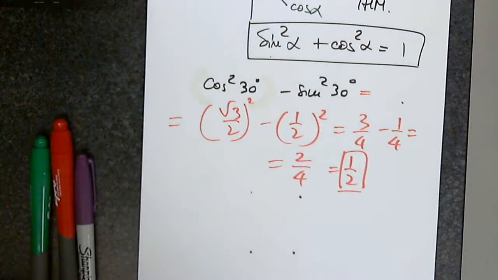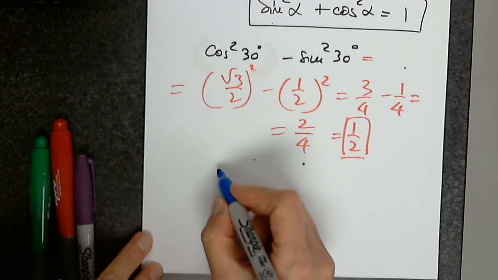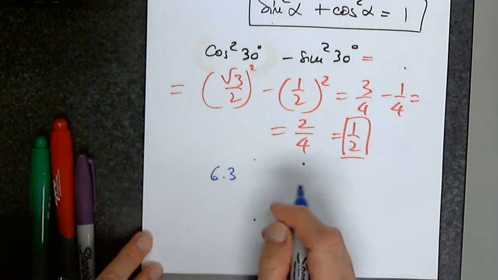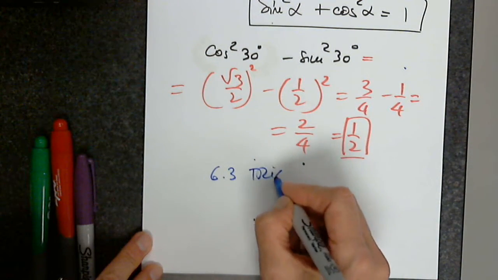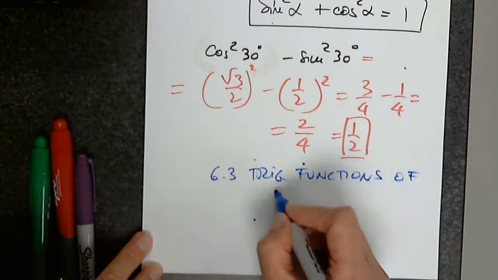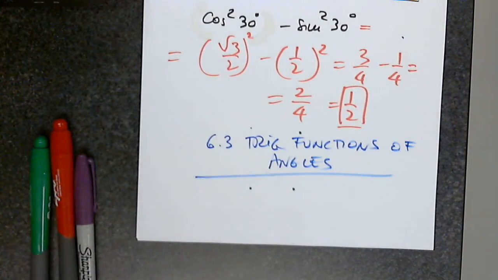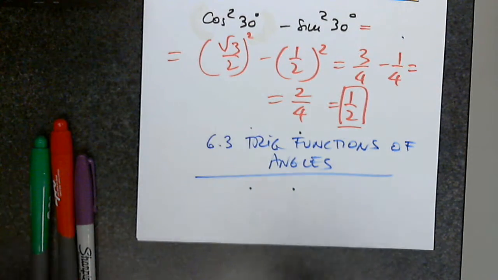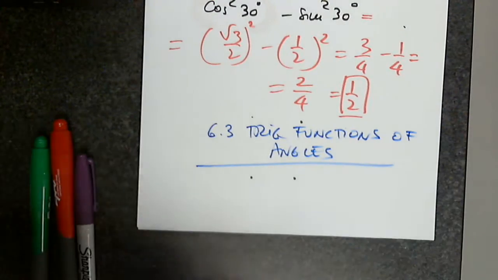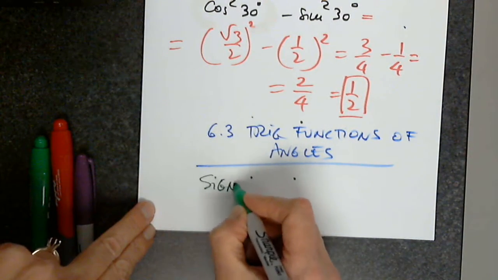So, nothing basically in the next section from what we just looked at. Nothing, I shouldn't say nothing. There are a few things that we need to talk about. So, section 6.3, trig functions of angles. First thing that I would like to talk about is signs.